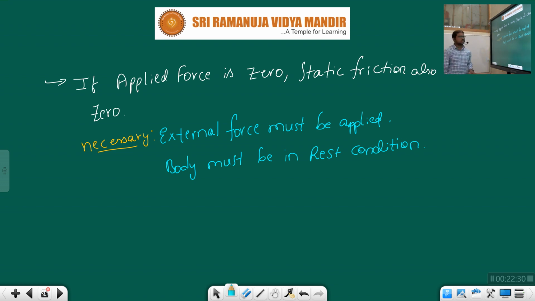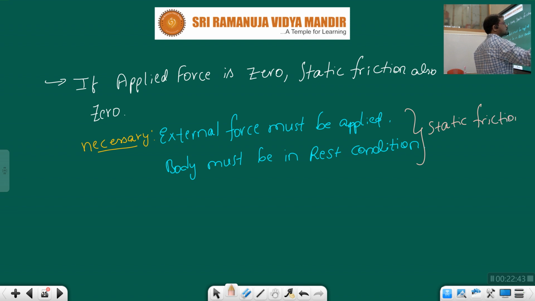Only in that case does static friction exist. These two are the necessary conditions for getting static friction, children. So external force must be applied, but still the body should be in rest condition.